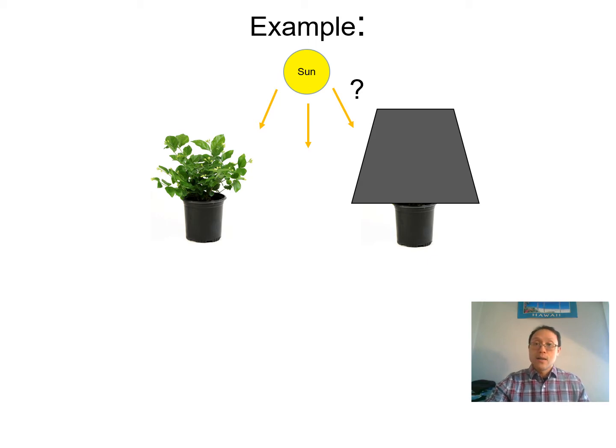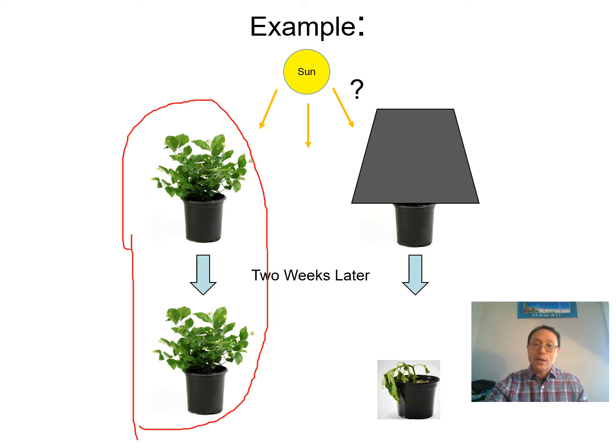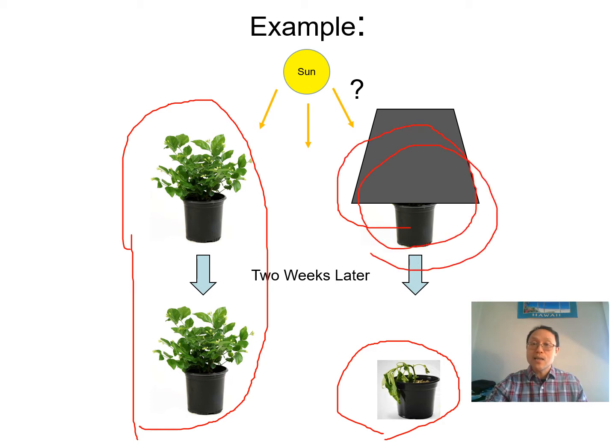After two weeks, the one that receives the sun looks pretty well, but the one that was covered up has all withered away. Can you conclude that it's because this plant is not getting the sun and therefore it withered away? Well, that's what it seems like at first.